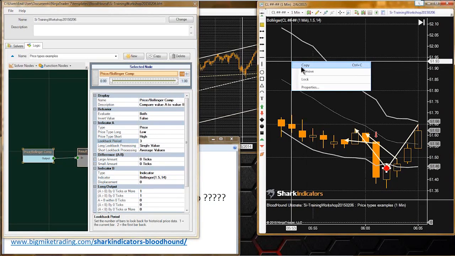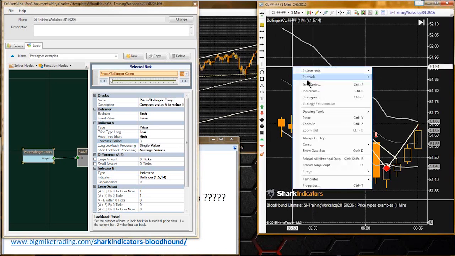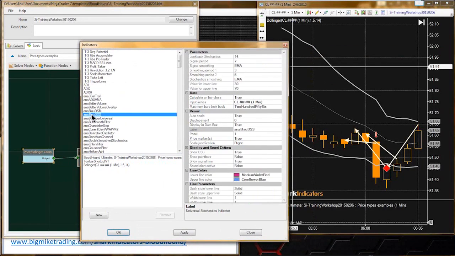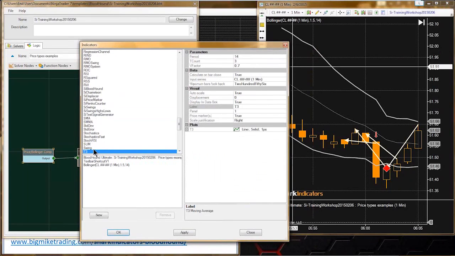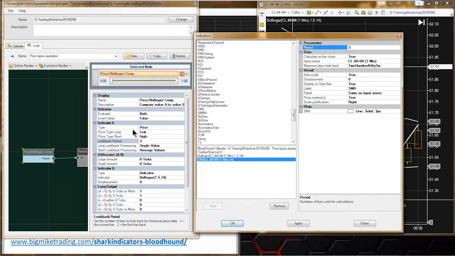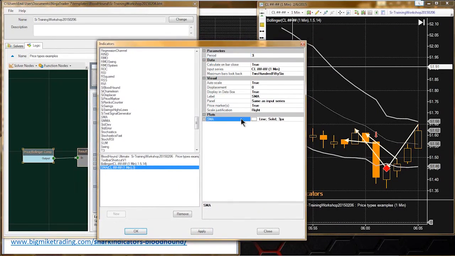So if I applied an SMA on here, so let's go put an SMA, and I need to set my SMA to 3 because my look back period is 3. Right?